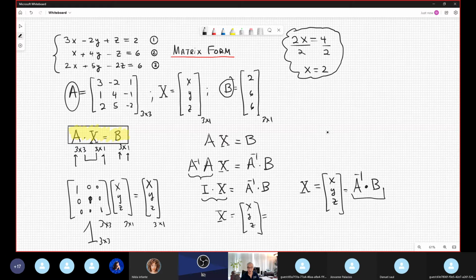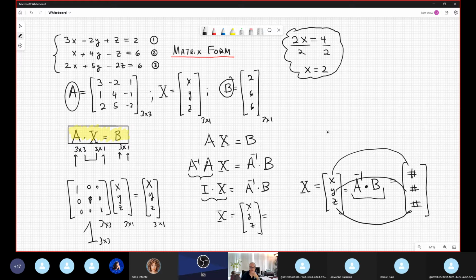When you perform this operation, we expect one column vector, with one number here, one number here, and one number here. Therefore, x is equal to this number, y is equal to this number, and z is equal to this number. End of story. It's another approach. Do you follow me? Do you understand the thing I want to try now?